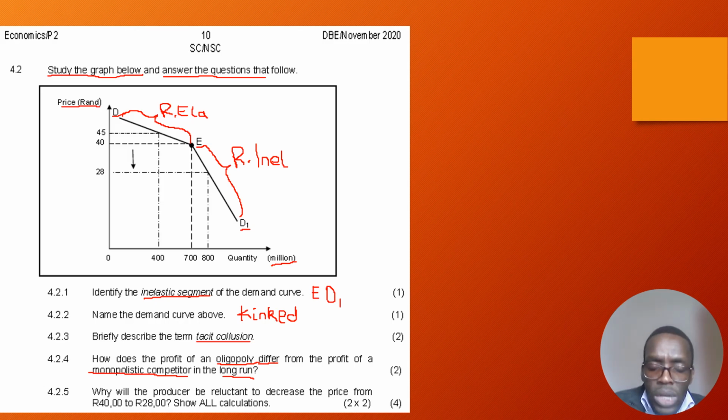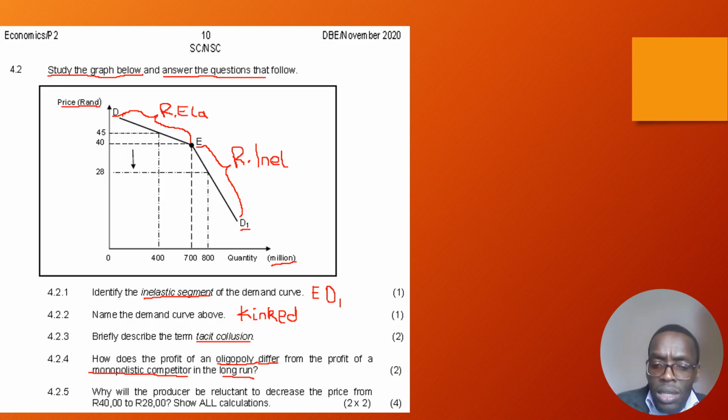You now need to understand that. And why do monopolistic competitors make normal profits in the long run? It is because, remember, in monopolistic competition there are minimum barriers to entry, and we tend to have a lot of firms that are there.